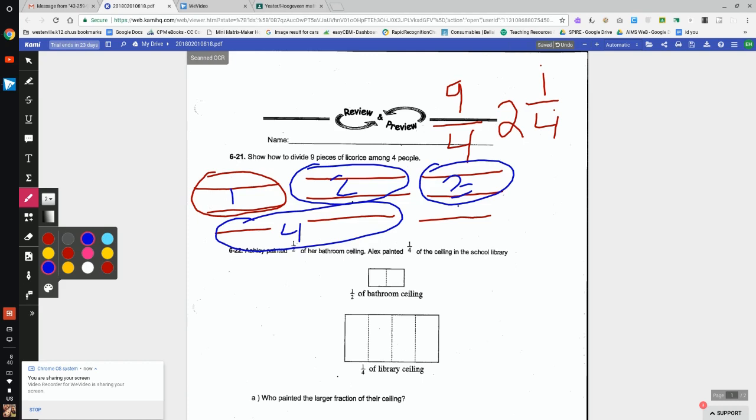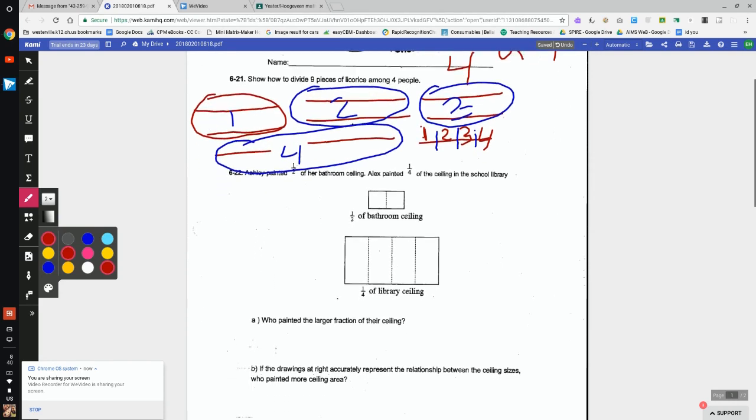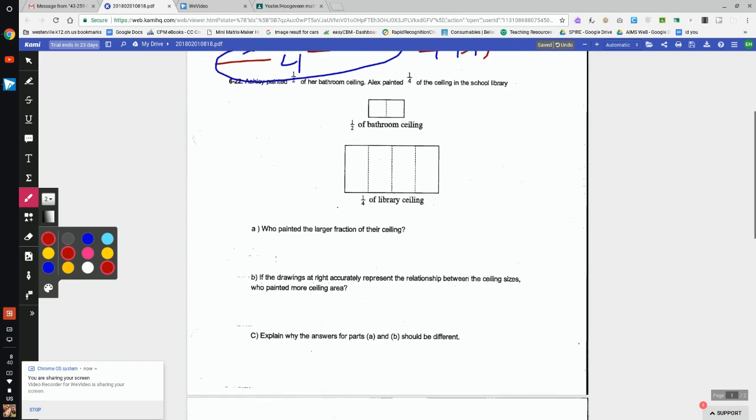If we break it up into fourths, just like that, then everyone gets their 1 piece. This fourth goes to 1. This fourth goes to 2. This fourth goes to 3. This last fourth goes to person 4. That's just about it there. It's pretty simple. We've done a couple of them, so hopefully you can come here for help with that question.